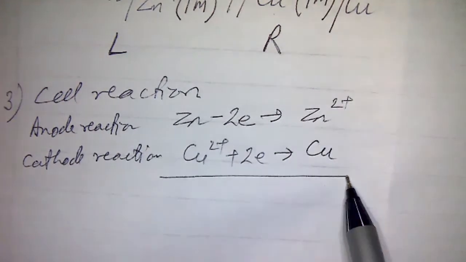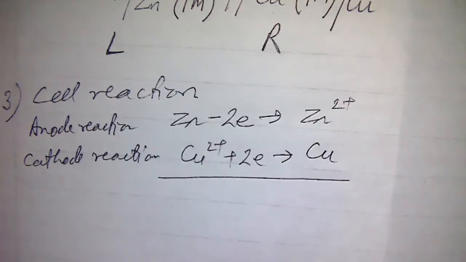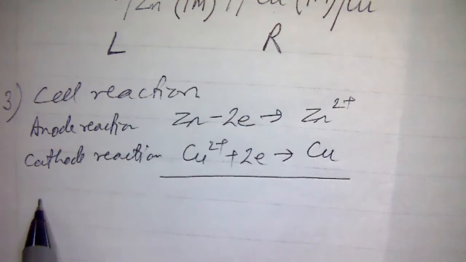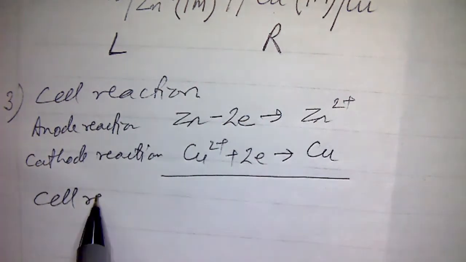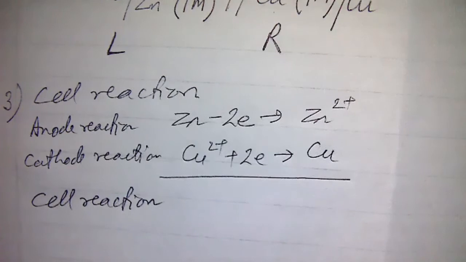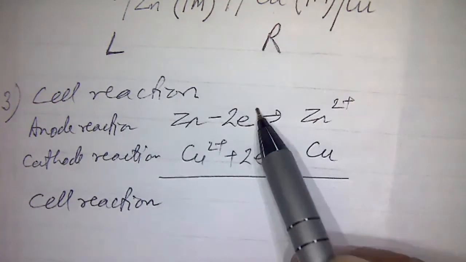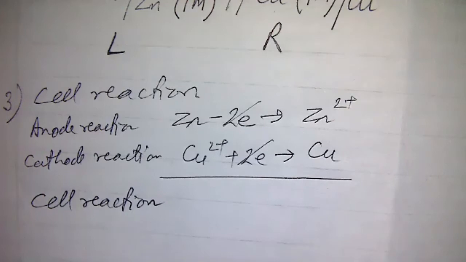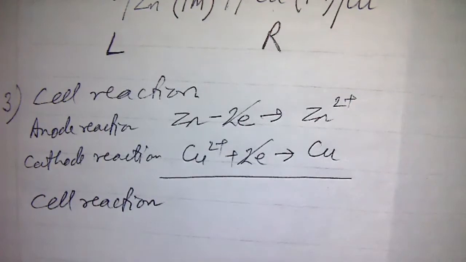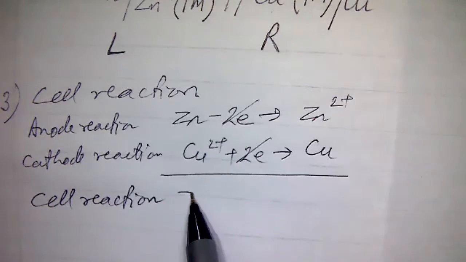Suppose it was not the same. In many cases, it may not be the same. If it is not the same, you have to make it the same just by multiplying the equations. You have done simultaneous equations previously in mathematics. Same method, multiply and make it equal. Now if I add these two, you'll get the cell reaction. Electrons will always cancel. Remember that. In your cell reaction, you won't get any electrons. So what will be left?